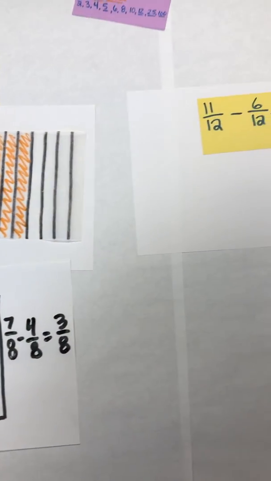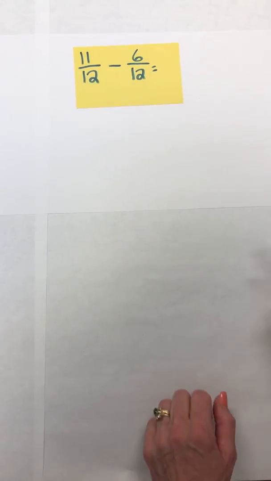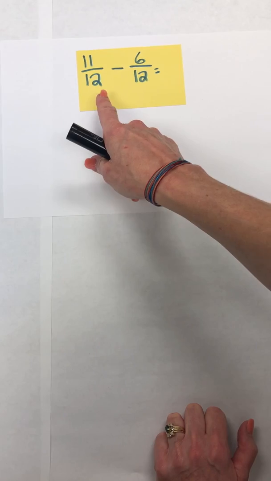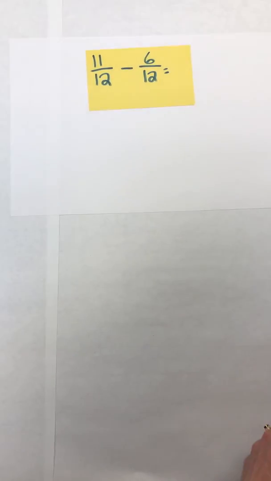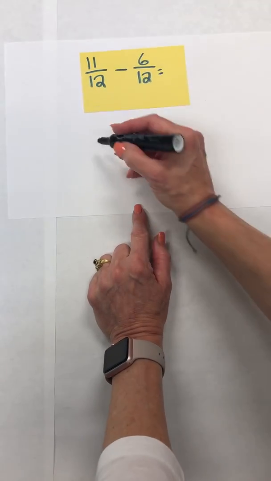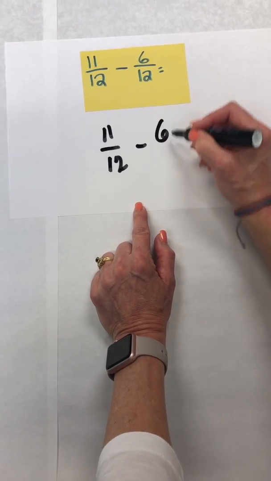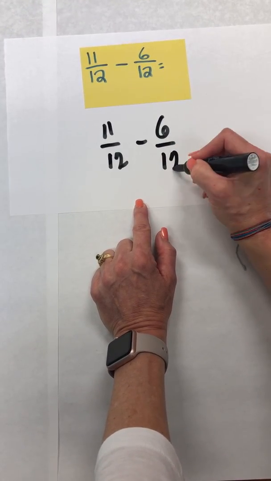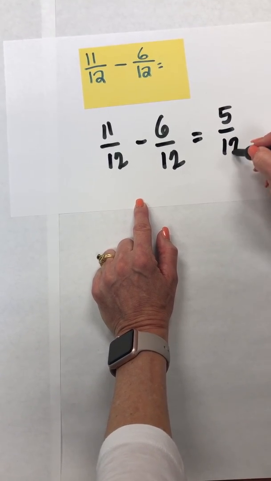Now let's relate this to the equation. My problem is 11/12 minus 6/12. So I know that if I have 11/12, thinking back to what I've done previously, and I take away my 6/12, that is going to leave me with my 5/12.